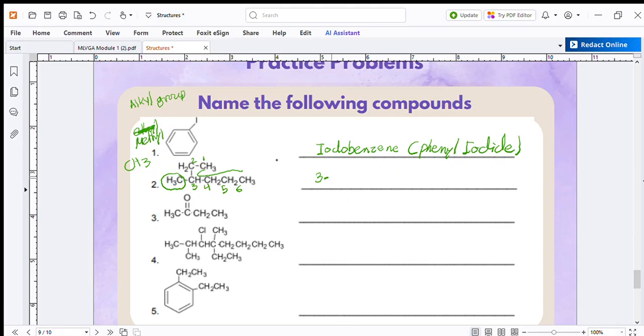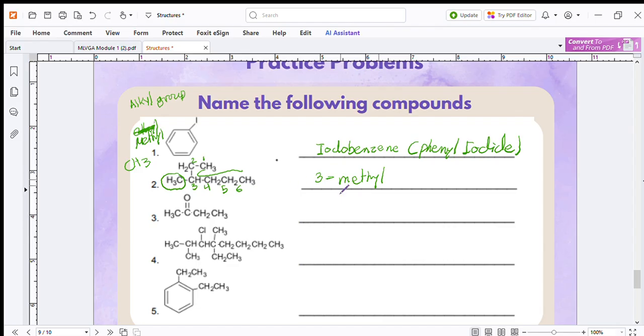Then, maglagay po tayo ng yung tawag dito, dash. After ng dash, susulatin natin methyl, 3-methyl. Then, sulatin natin ang longest chain. So, yung longest chain natin is 1, 2, 3, 4, 5, 6. So, 6 carbons.